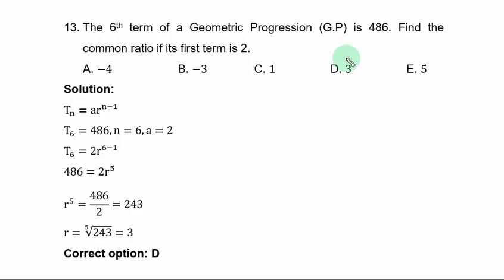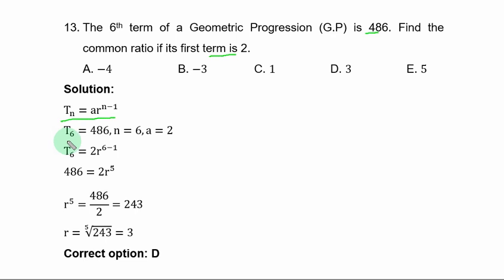Question 13. The sixth term of a geometric progression GP is 486. Find the common ratio if its first term is 2. You use the nth term formula for a GP.